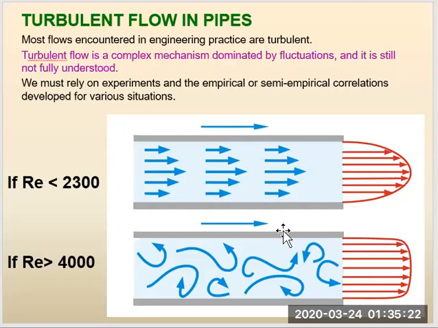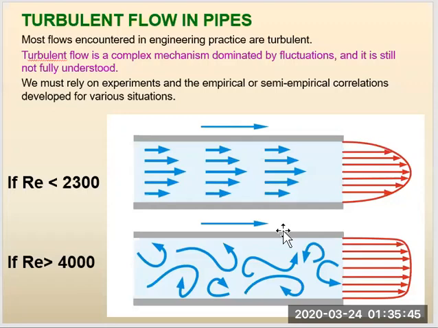Turbulent flow is characterized by disorderly and rapid fluctuations of swirling regions of fluid that are called eddies or vortices throughout the flow. These fluctuations may provide an additional mechanism for momentum and energy transfer.